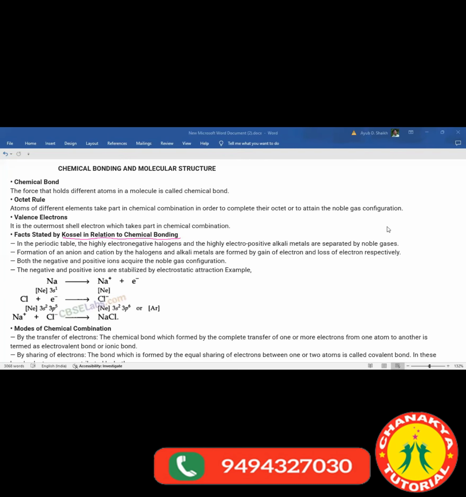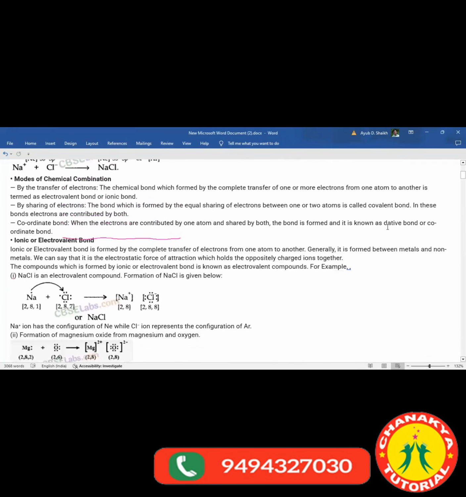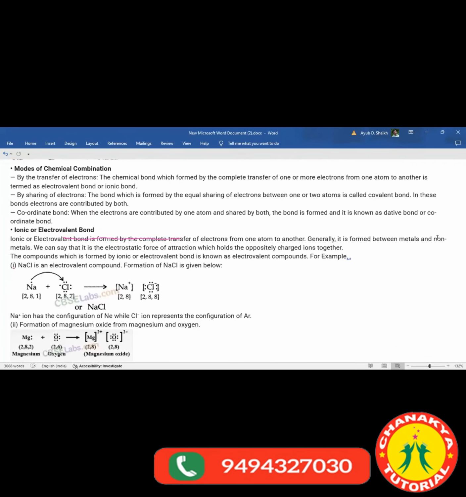Now we are going to see about the modes of chemical combination. What is given to you?